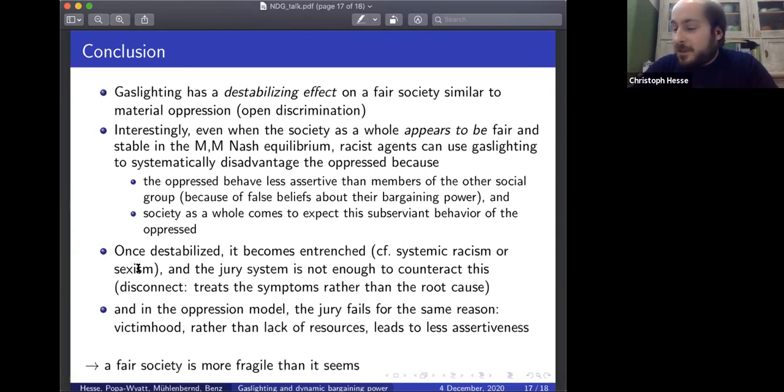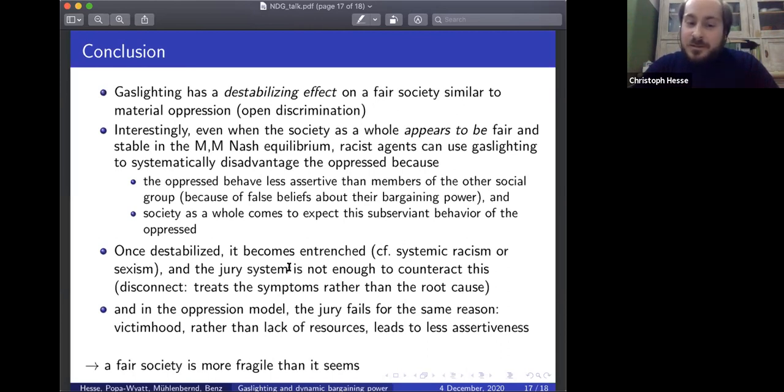It could be police being more likely to check on a Black person. It could be women having lower incomes on average because society thinks of them as being less assertive in negotiating higher pay, things like that.